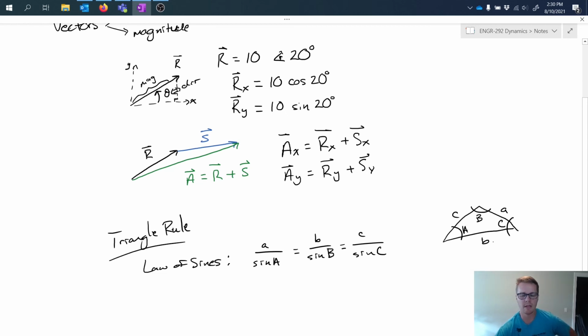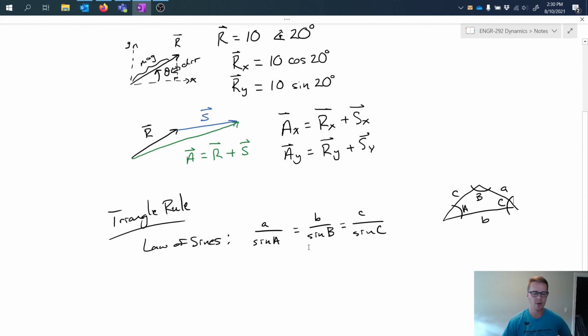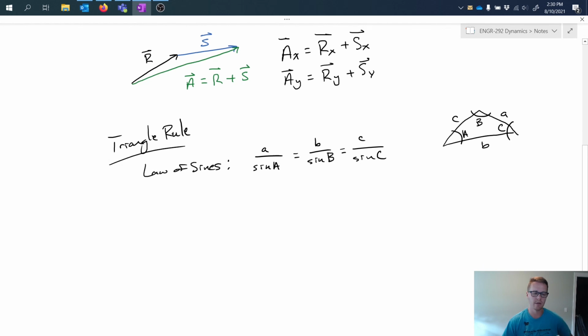So the lowercase letters a, b, c are the length, the magnitude of those sides, or the magnitude of my vectors, if I'm talking about a vector triangle up here. And the uppercase letters are the angles corresponding with those vectors within their triangle. So this can be useful in that if I know at least three of these quantities, I can start calculating the other unknown values, whether that's magnitude or angle.